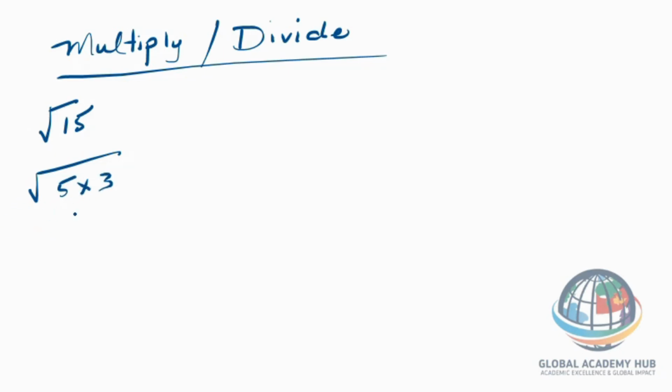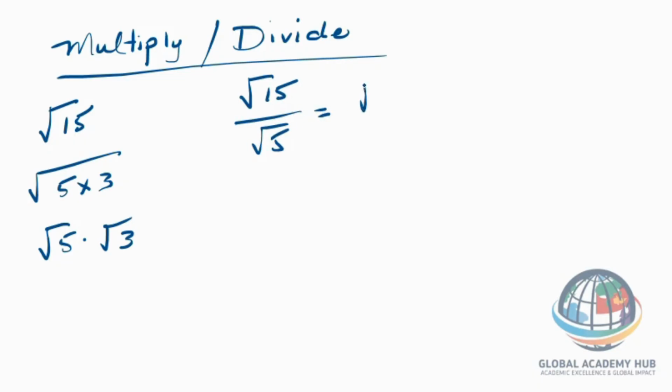And because of our rules for roots, this is the same thing as the square root of 5 multiplied by the square root of 3, which then means the square root of 15 divided by the square root of 5 is equal to the square root of 3.